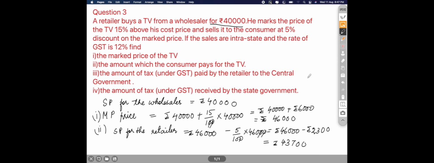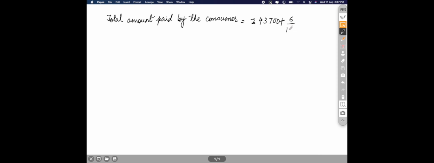Now let me clean up the space to continue. So now total amount paid by the consumer will be rupees 43,700 plus GST rate is given as 12%, so 6% goes as SGST, right, and another 6% will go as CGST.